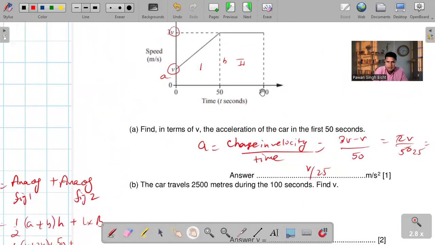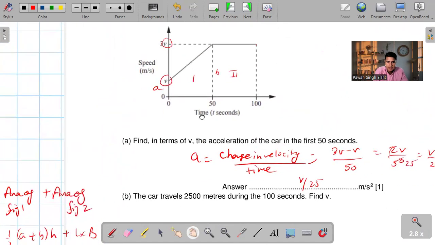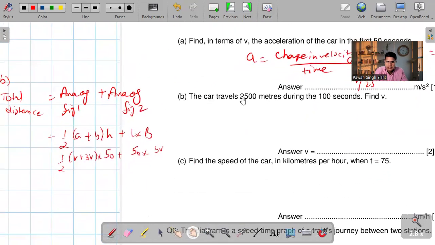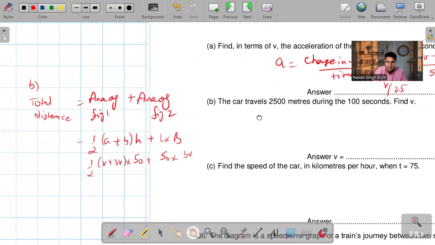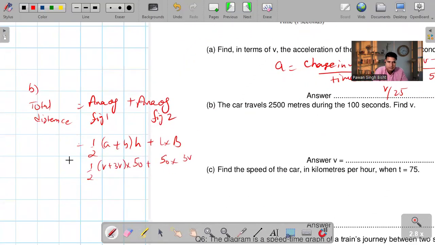The length is 100 minus 50, which is 50, and the width is 3v. And the total distance given is 2500 meters.